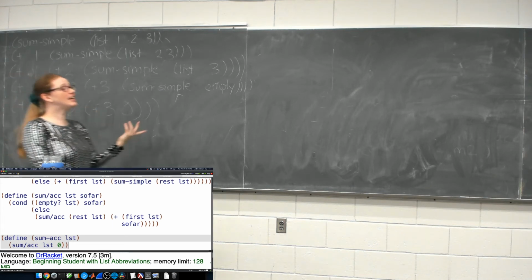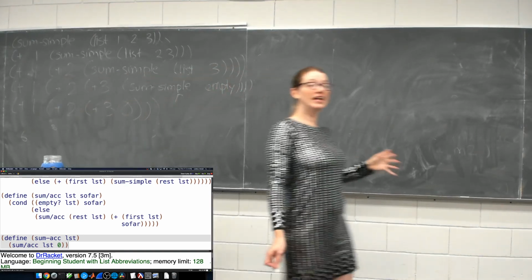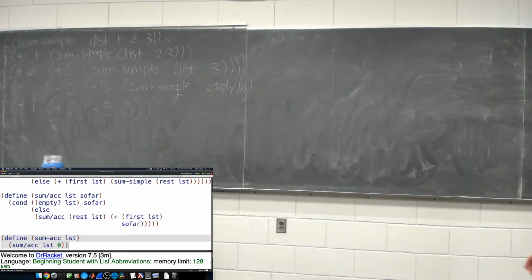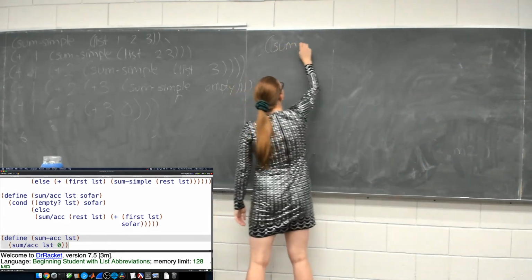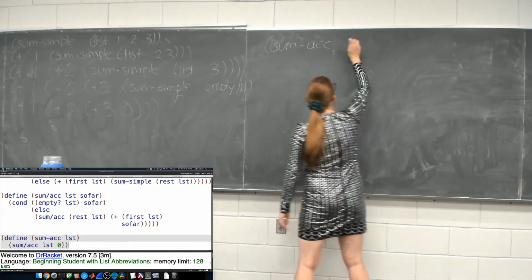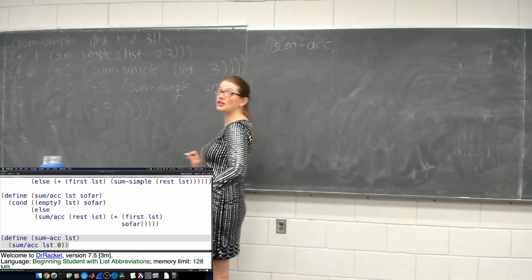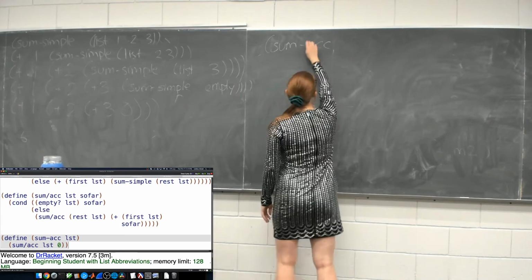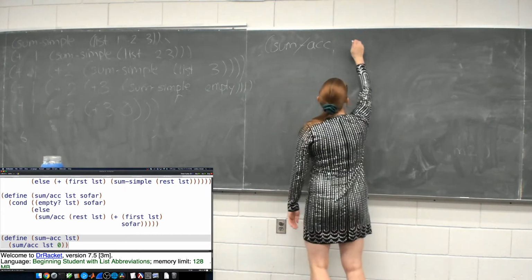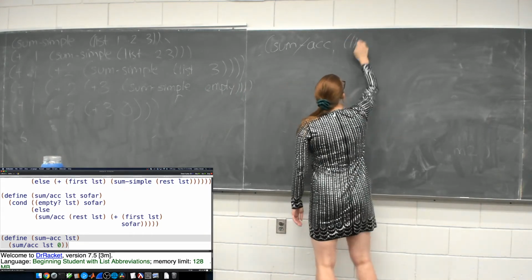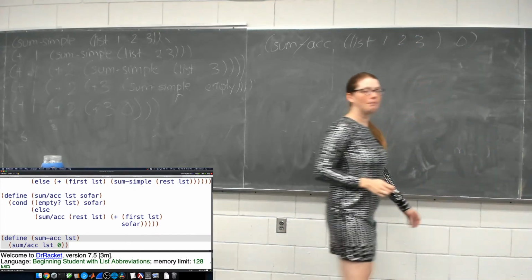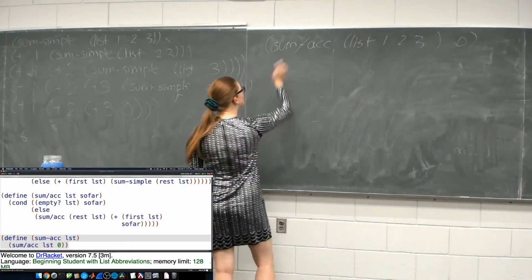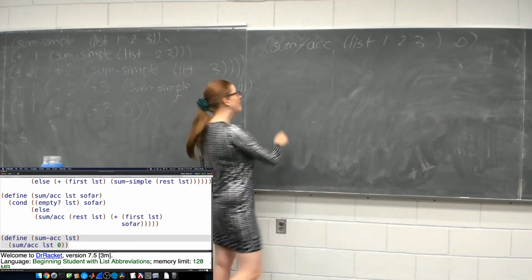Now, if we take the same list as input and we do this with the accumulative recursive function, it's going to look a lot different. Actually, I'm just going to use the accumulative recursion function because I don't want to use the wrapper. So we're going to do list 1, 2, 3, and my accumulator starts out at 0. So that's the first recursive application. Here's the second.